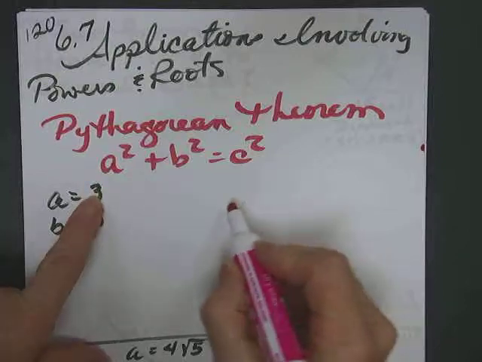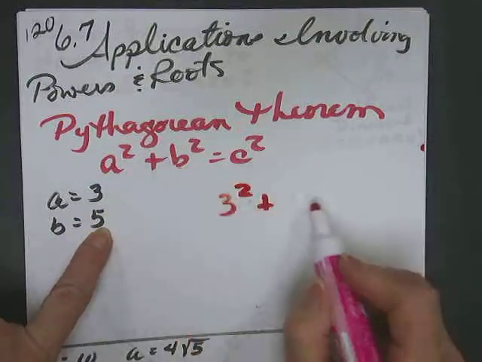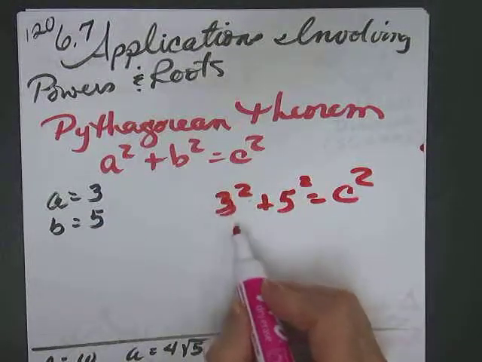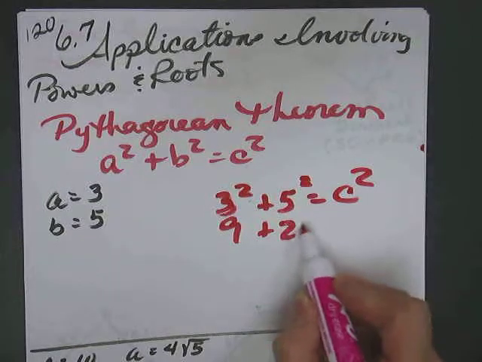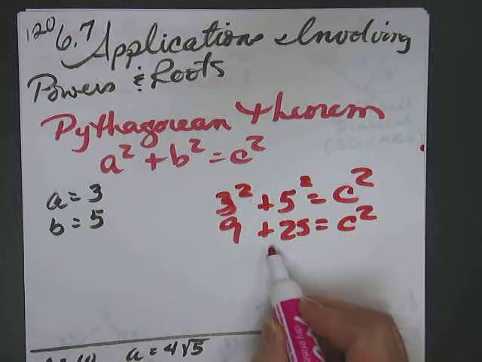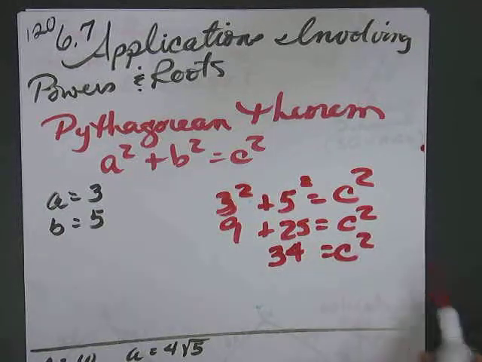A is 3, so 3 squared plus b squared equals 5 squared, which is c squared. 3 squared is 9. 5 squared is 25. So 9 plus 25 is 34.